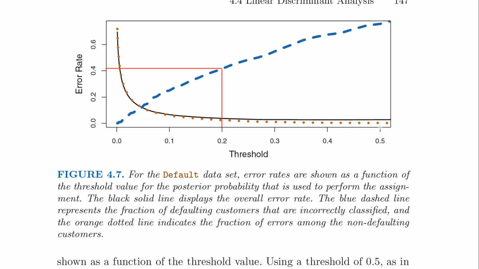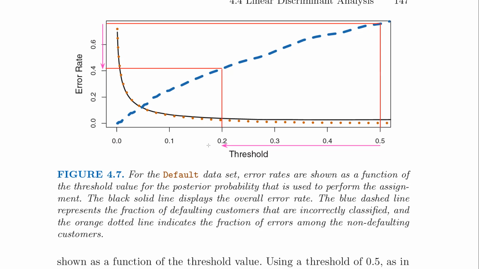When we had 0.5 as the threshold, as a kind of default, it was a 75% error rate. So much better improvement. Kind of making the model stricter reduces the error rate.